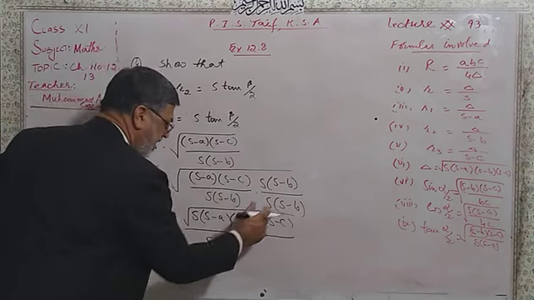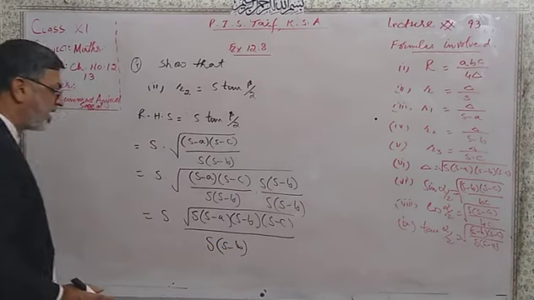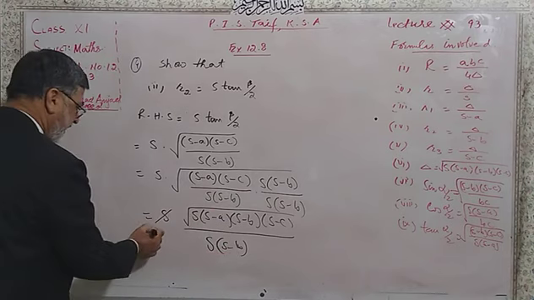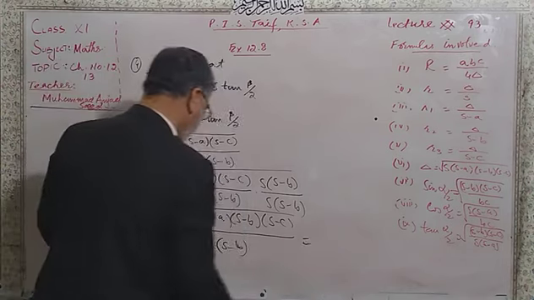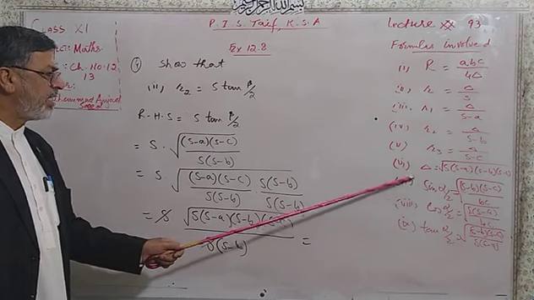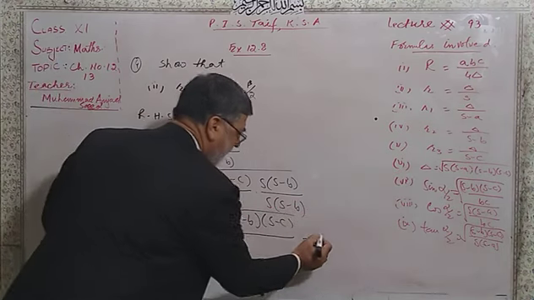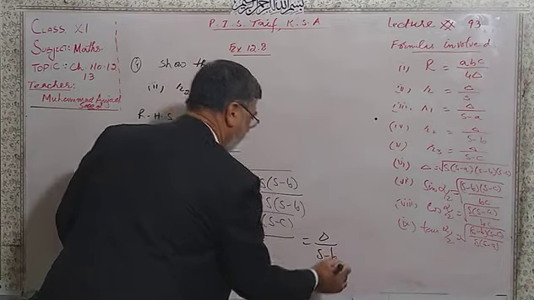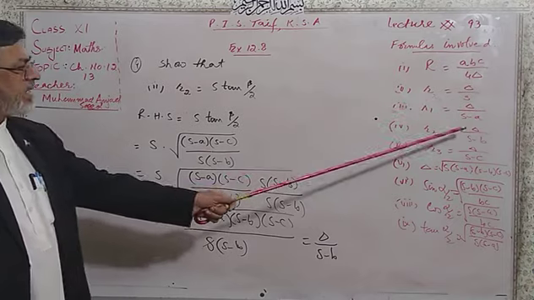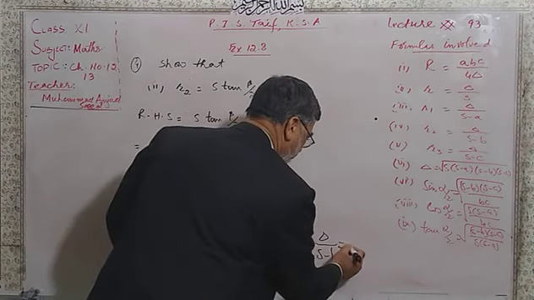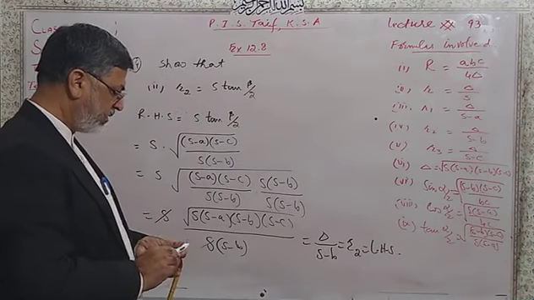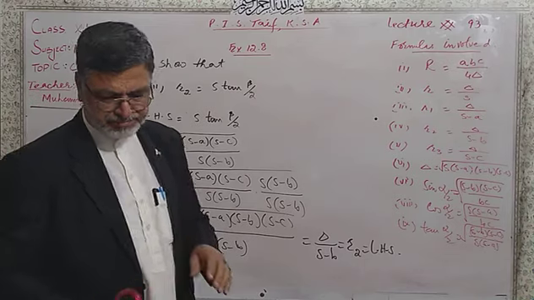Similarly, S minus B and S minus B, you will get one S minus B out of this radical sign. S and S are cancelled out. Dear students, you can see S into S minus A, S minus B, S minus C is equal to delta. That is delta over S minus B. And I told you that delta over S minus B is equal to R2, that is the left hand side. I hope that you understood this question.